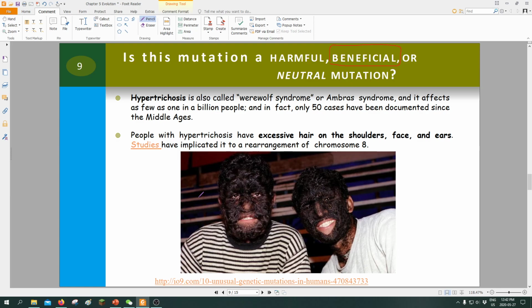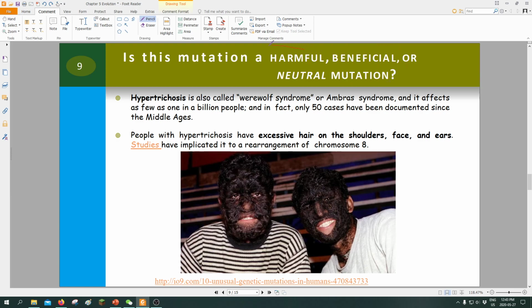Maybe a mutation in the neck length of the giraffe. The taller it is, the better it is, and now all the giraffes have long necks, right? So typically, if it's beneficial, you would see more cases. Do we really see more cases in this population of human beings? No, only 50 cases have been documented since the Middle Ages. So that means it's probably not beneficial.